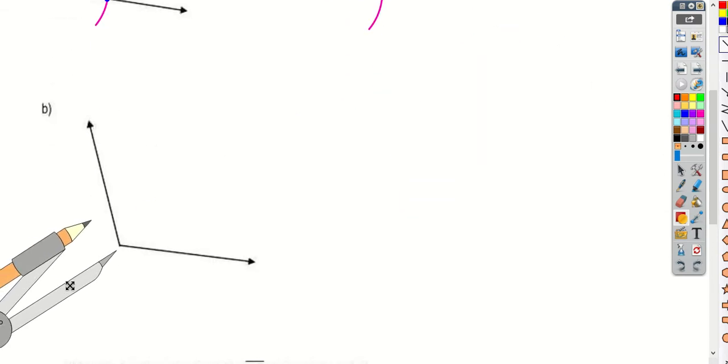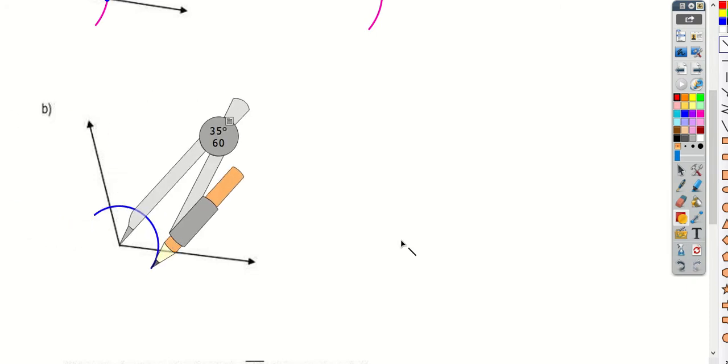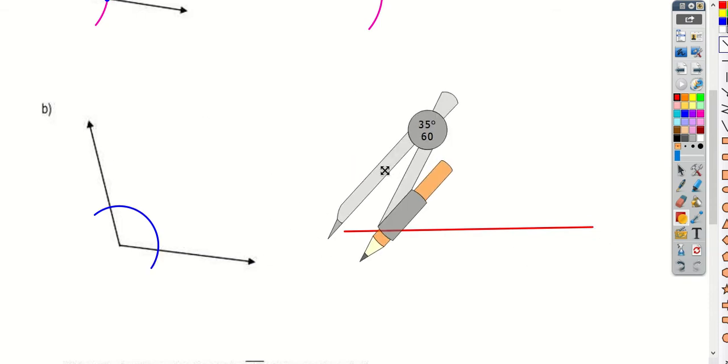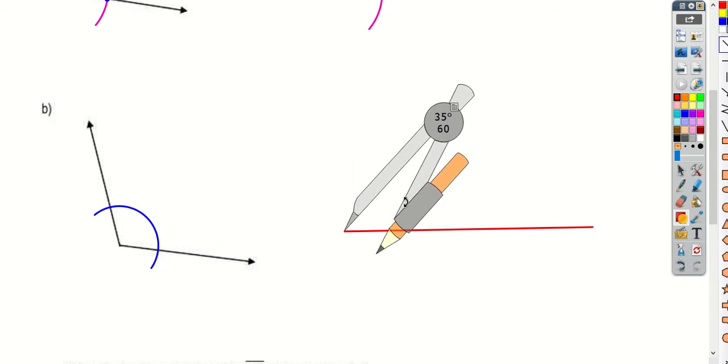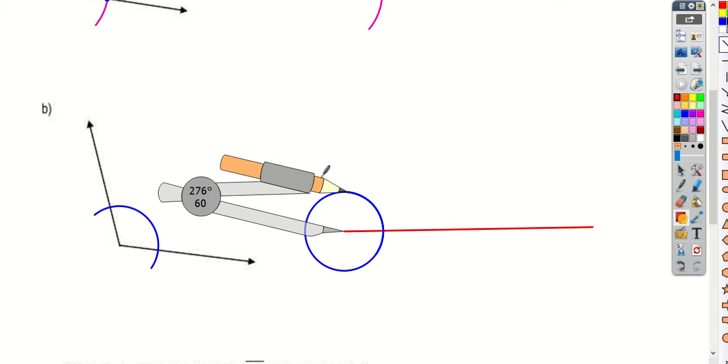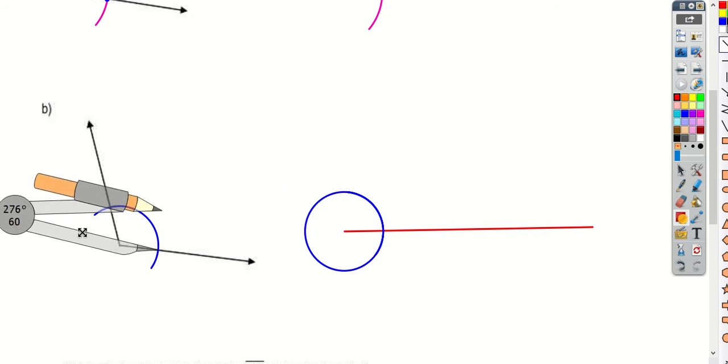So sharp point on the angle. Draw a circle that cuts through twice. Draw a ray on the endpoint. Same circle. Okay? From the intersection points of the circle and the angle, measure the width.